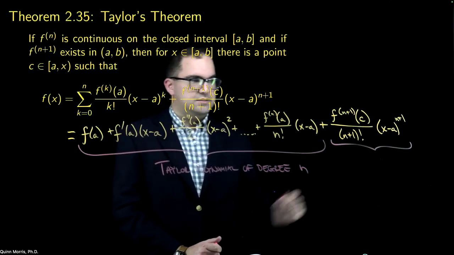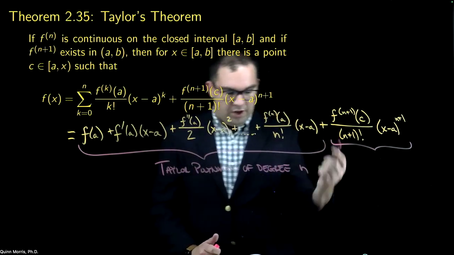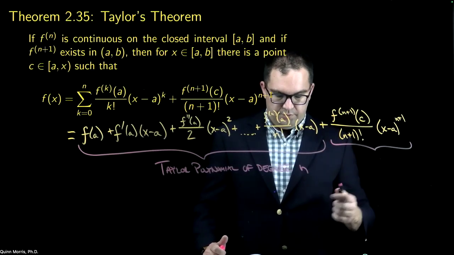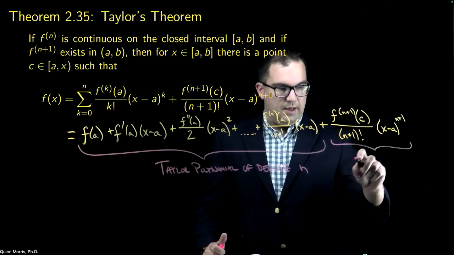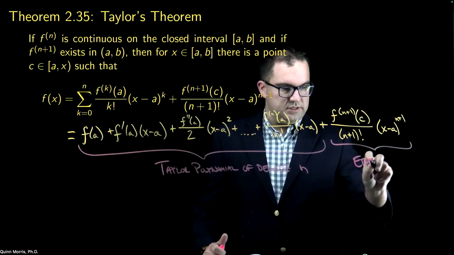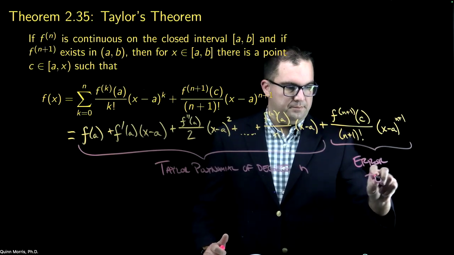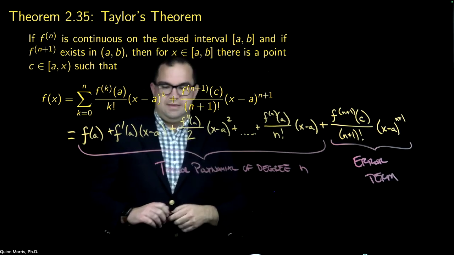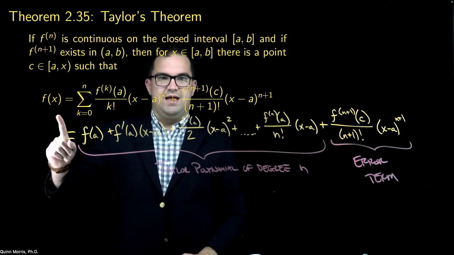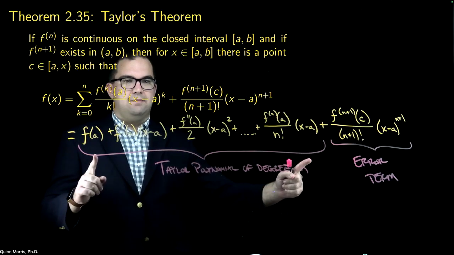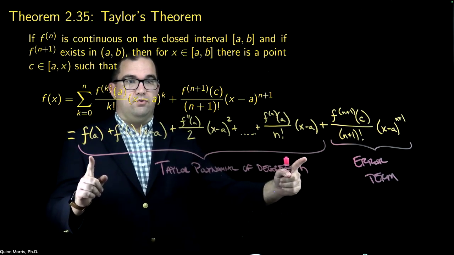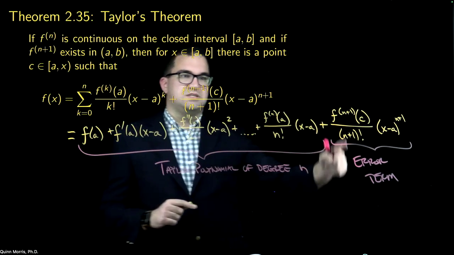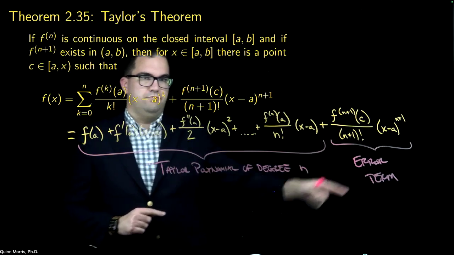And this piece is often referred to as Lagrange's error term, or the error term, or the remainder term. I'll just say this is the error term. The idea is that my function f of x can be approximated by this Taylor polynomial plus some error term here.